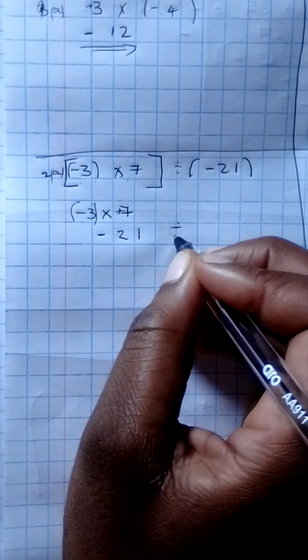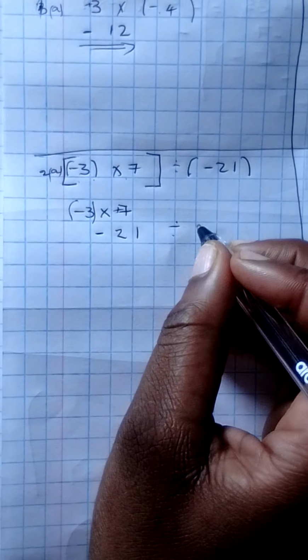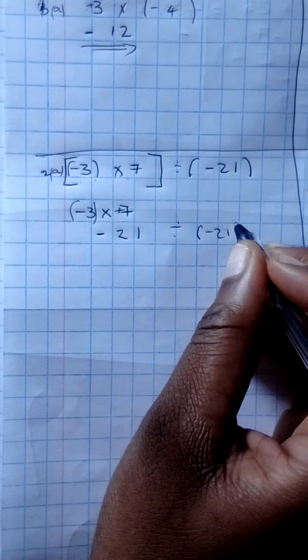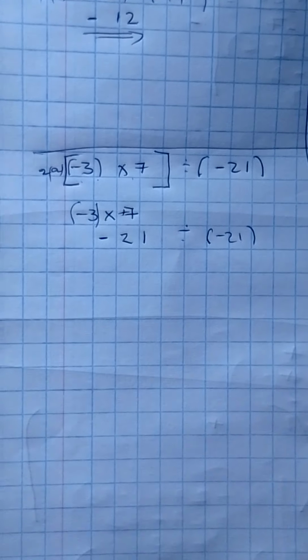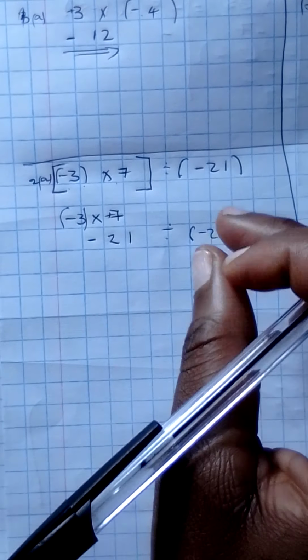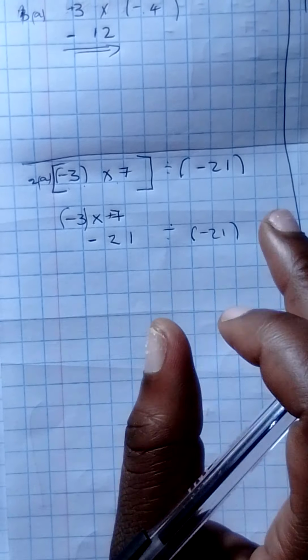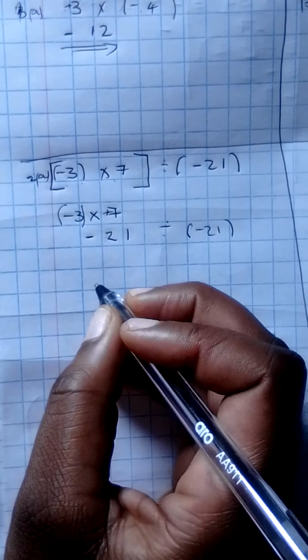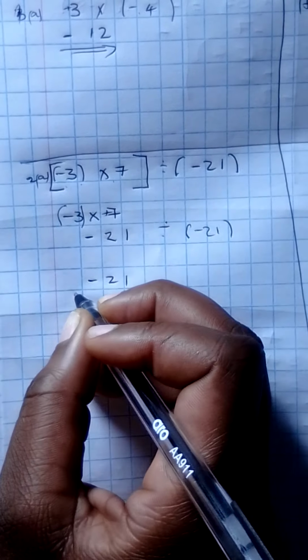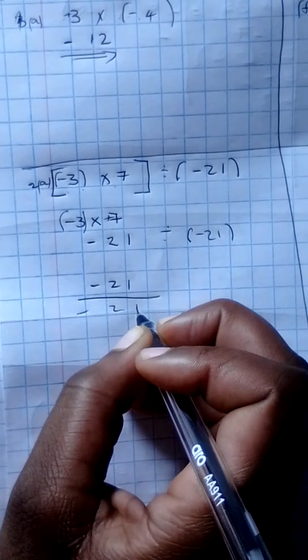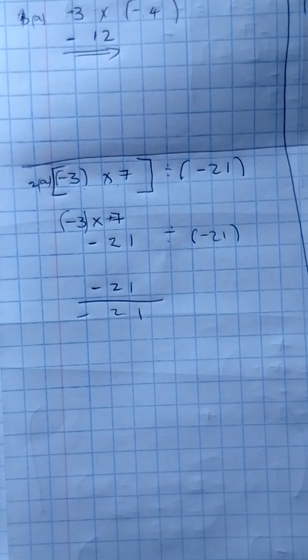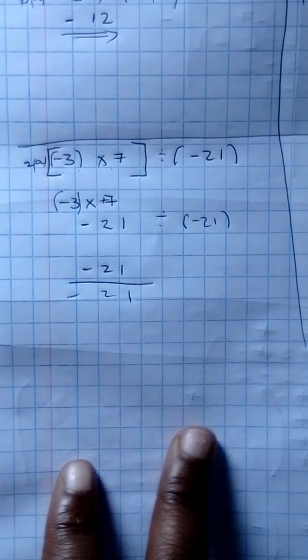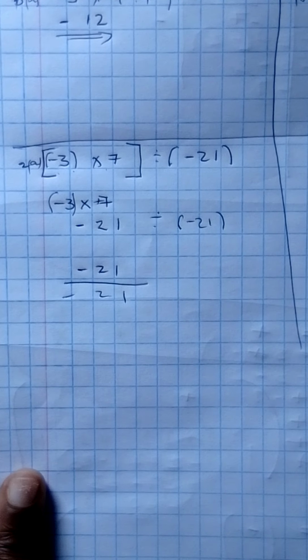Divide by, we are bringing that open bracket, minus 21, close bracket. So we are now left with minus 21 divided by open bracket, minus 21, close brackets. We can write it like this, minus 21 divided by minus 21. Now we are dividing two numbers with the same sign, right?